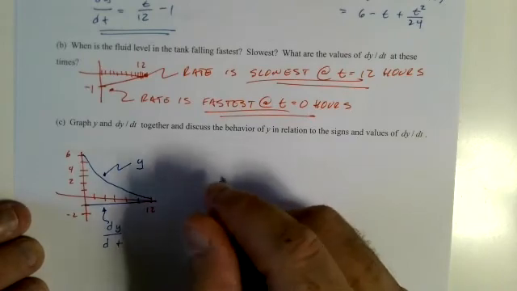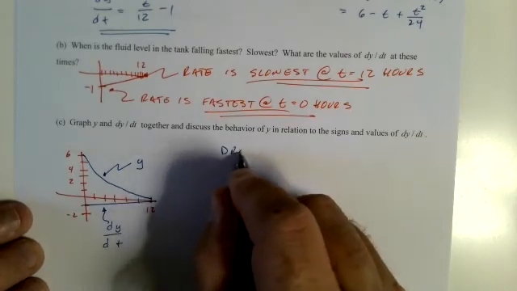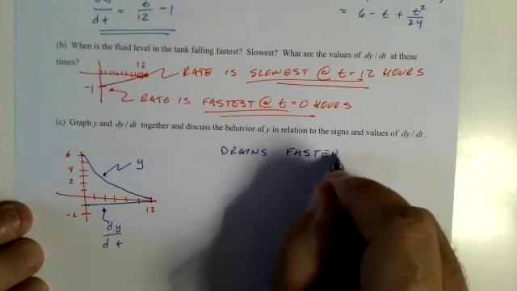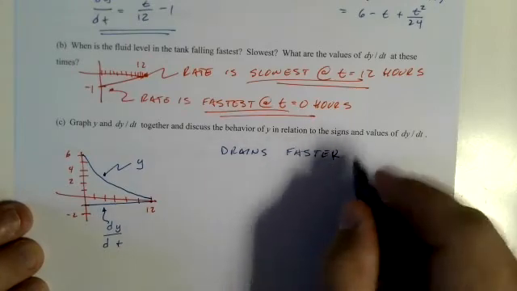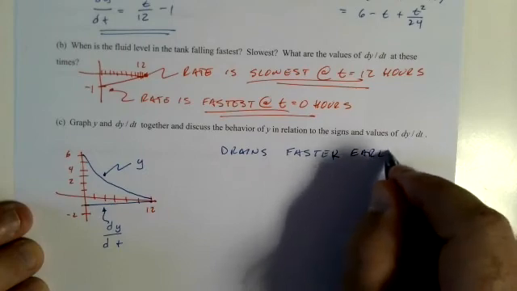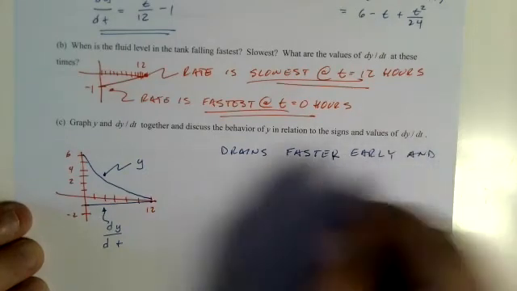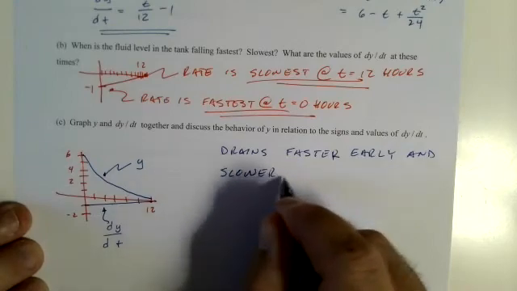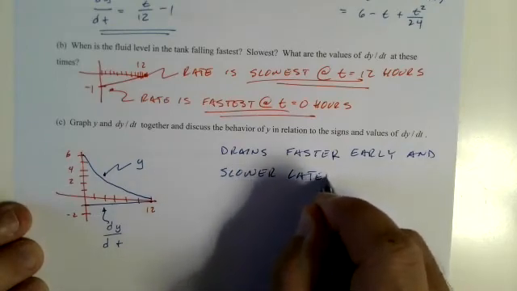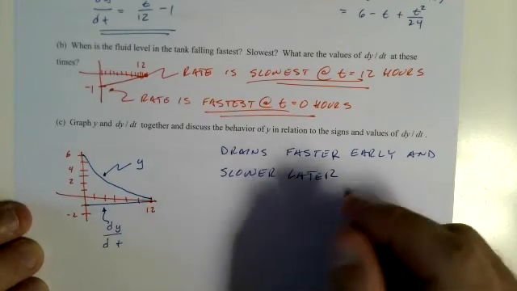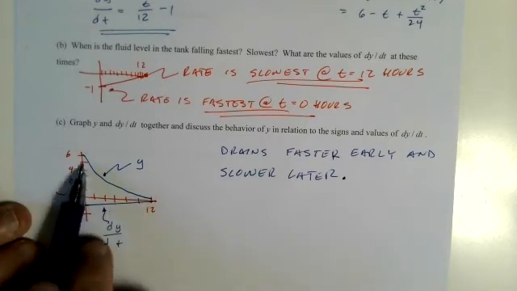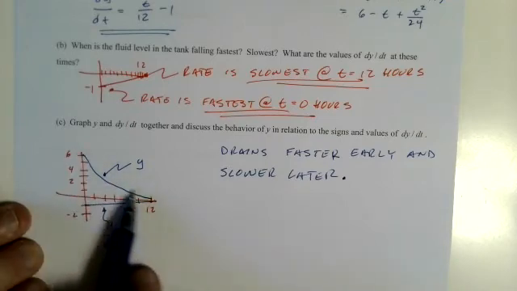So it drains faster early and slower later. And it looks like, even though this gets closer and closer to zero, it just kind of trickles away to nothing.